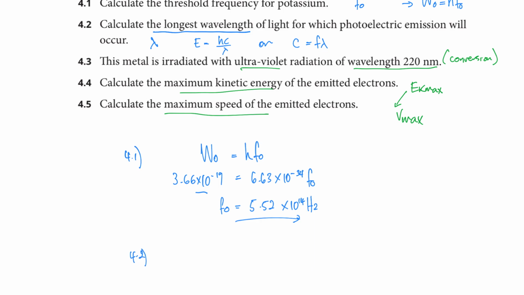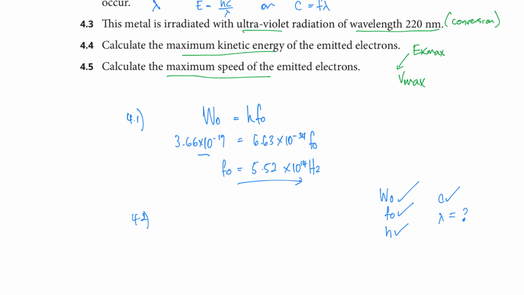Right, question 4.2. It says they want the longest wavelength. Let's look at what information we have so far. We have the work function, we have the threshold frequency, we have h, we have c, and we need lambda. If I look at my two formulas that have lambda, E is equal to hc over lambda, or c is equal to f times lambda.